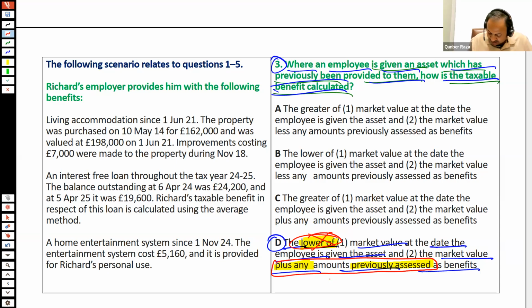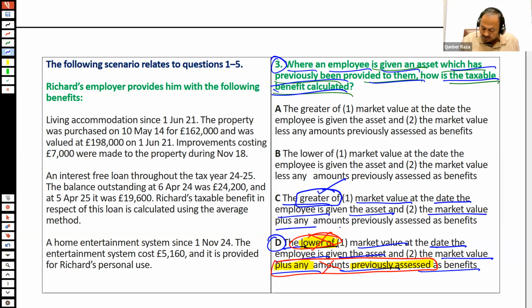So it's not plus, it's minus. So there are two issues in this. Let me read point C. The greater of market value at the date the employee is given the asset. So the greater of is correct. And the market value plus any amounts. So that's the issue. It's not plus any amounts. It's minus any amounts.